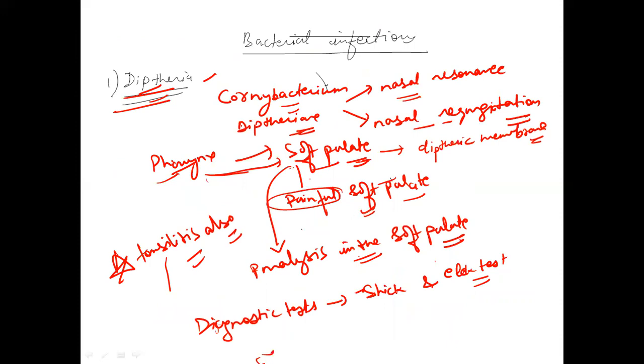Along with that there is tonsillitis also, and there is paralysis of the soft palate also. Most important are the diagnostic tests, which are the Schick test and the Elek test.